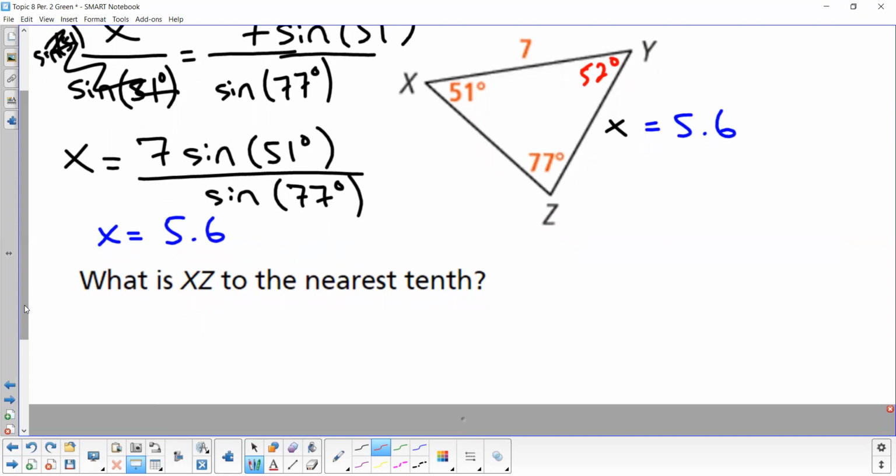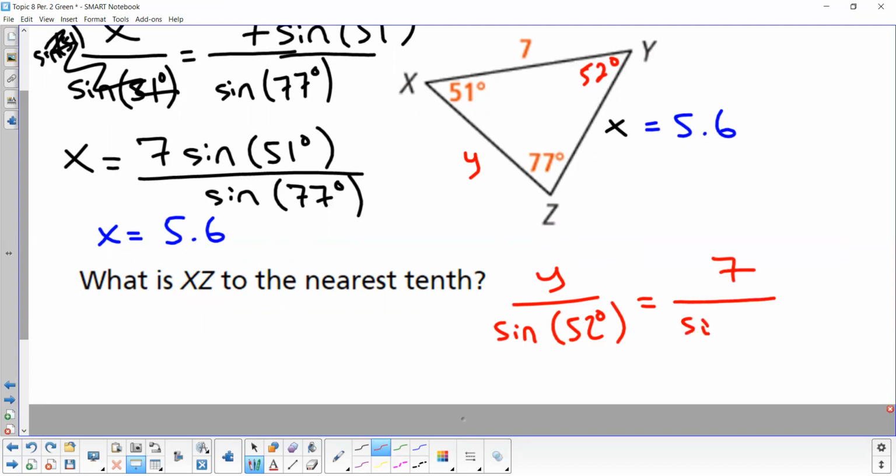So, what are we trying to get this one? I'm going to call it a lowercase y. And I'm going to say y over sine of 52 equals, we've got options now, but I think it's always a good move to use what was already in the problem and do 7 over sine of 77. Same deal.